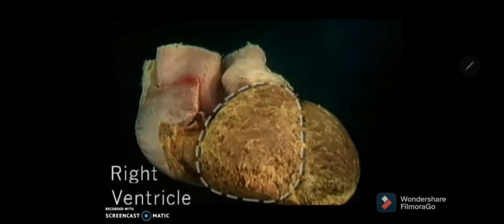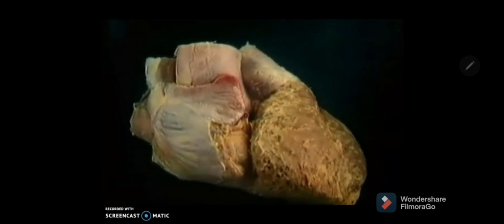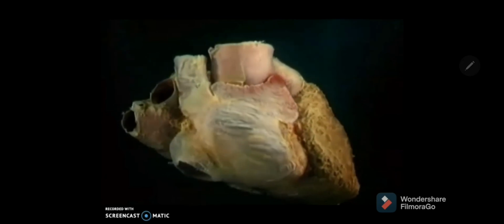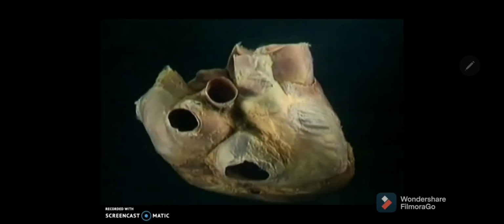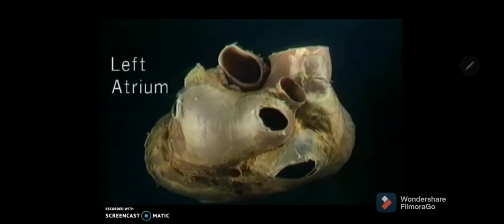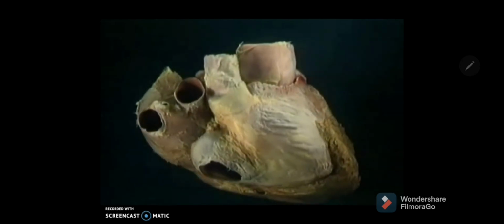Then the right ventricle, which forms most of the sternocostal surface. And here you can see the right atrium. You can see both atria in this view. They form the base by which the heart is suspended from the posterior thoracic wall. Left atrium and right atrium.